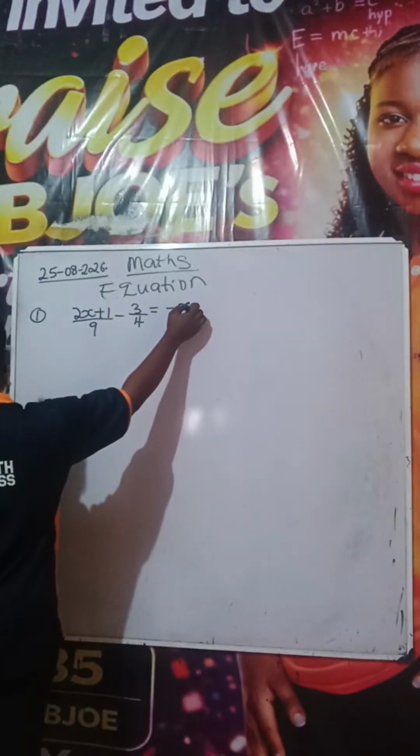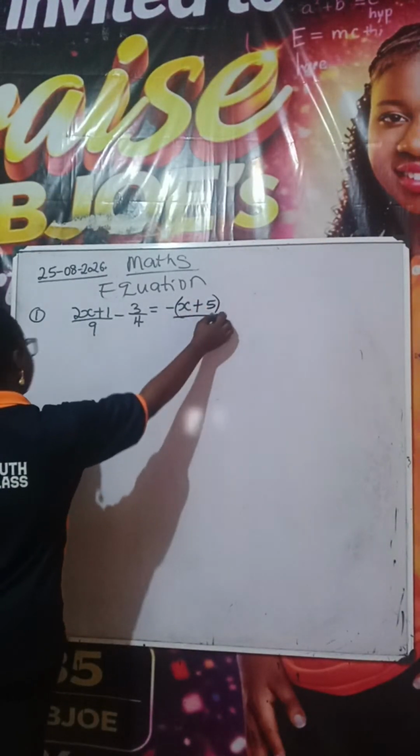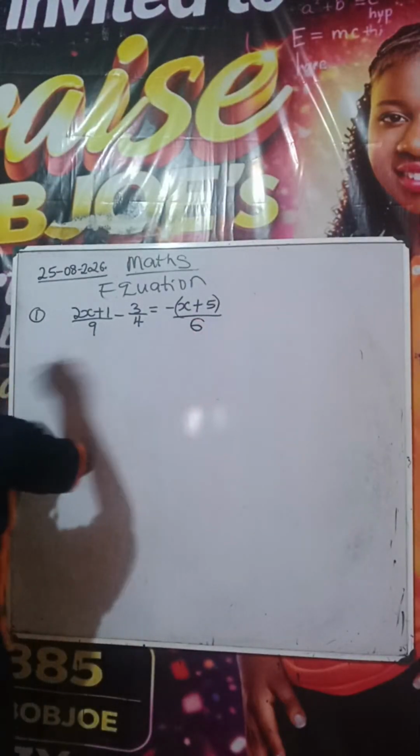So we have 2x plus 1 over 9 minus 3 over 4 is equal to minus x plus 5 over 6.